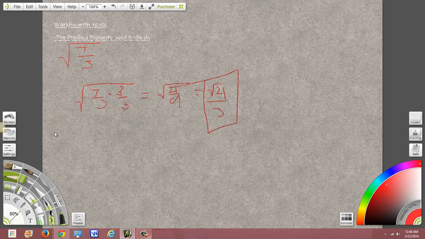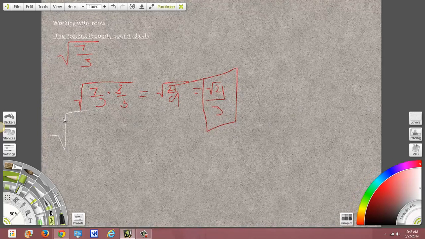After this, what if we did the cube root of 15 over 2? You would rationalize it.